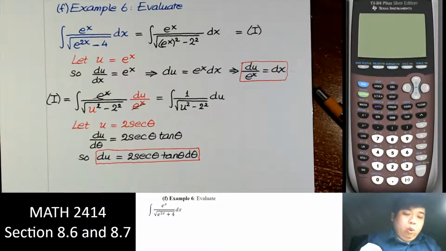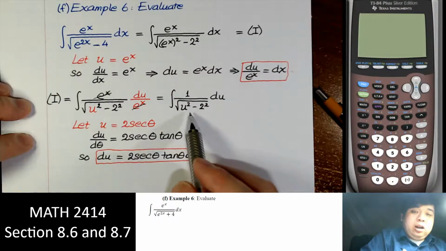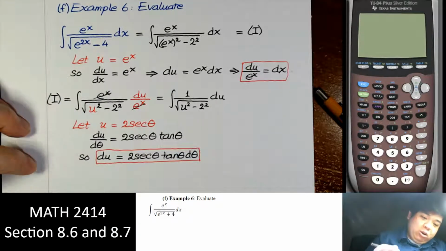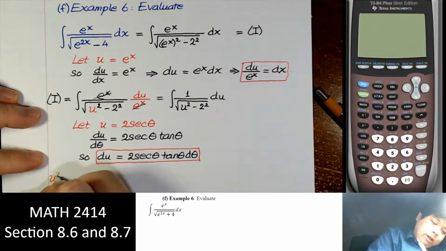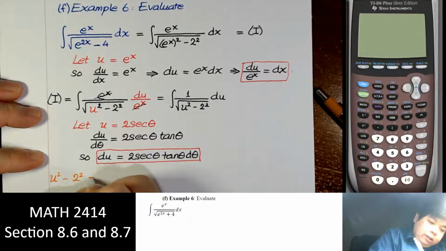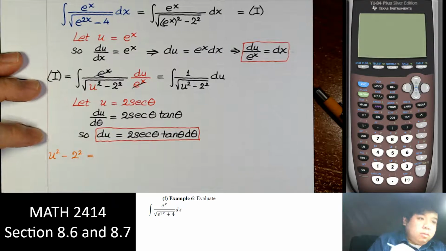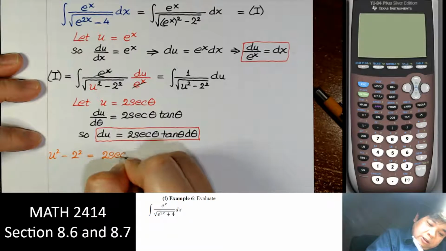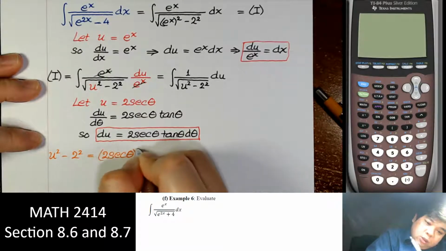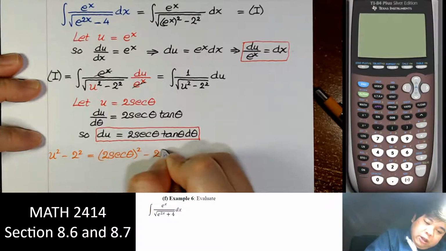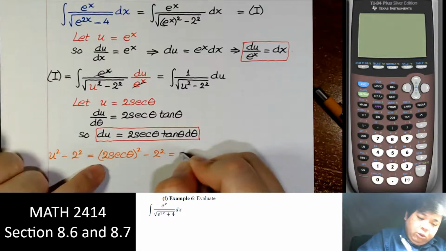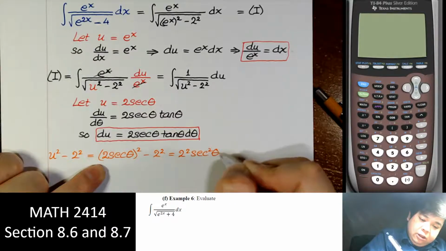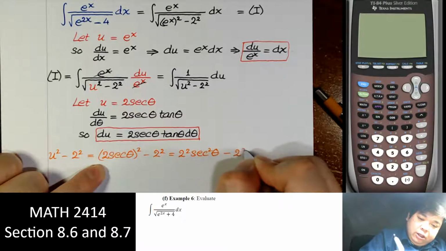Next, we have to rewrite the two terms into one. Ideally, have a square in it, which we cancel with the square root. So u square minus 2 square. U is 2 secant, so 2 secant square minus 2 square will give us 2 square secant square minus 2 square.